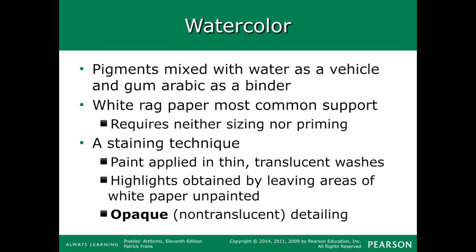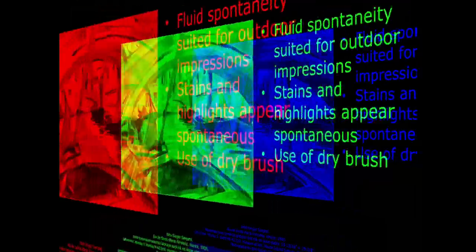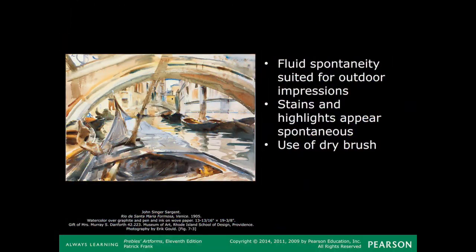In other words, you can't really see through it. So there are ways for artists to paint using any kind of medium. If they put enough color to where you can't see through it anymore, it's called opaque. If you want to see through it a little bit, then it's a little bit more translucent.